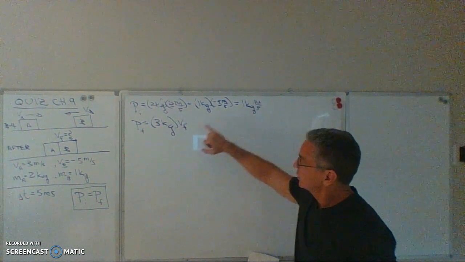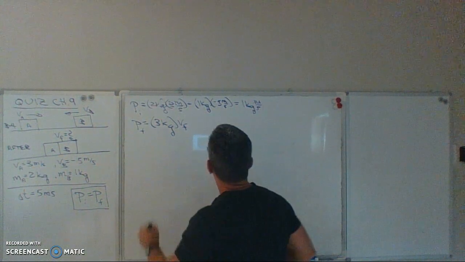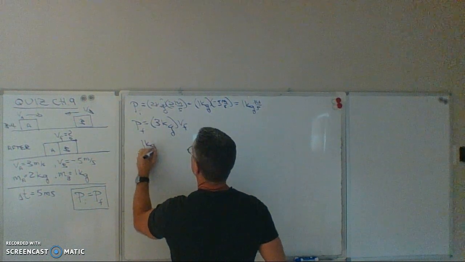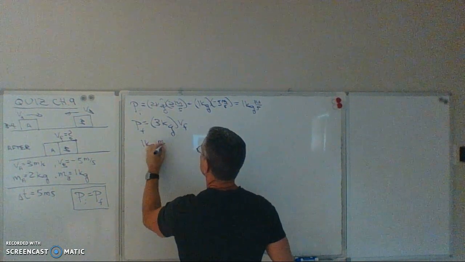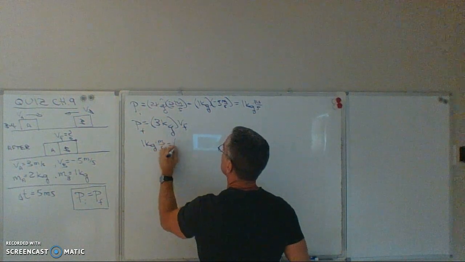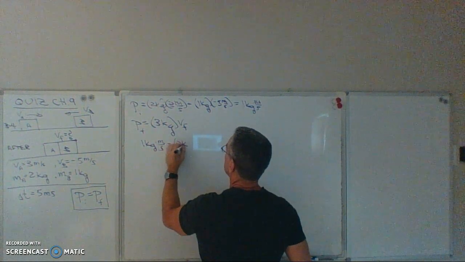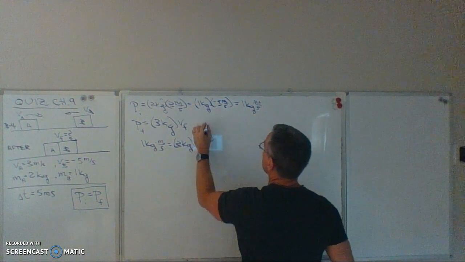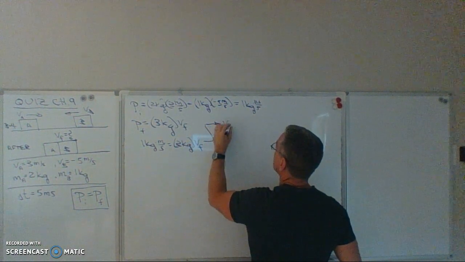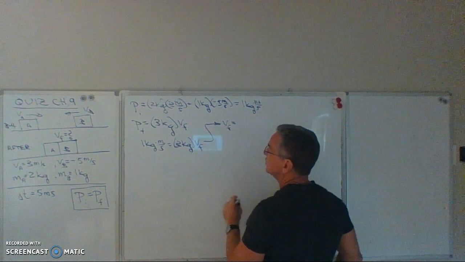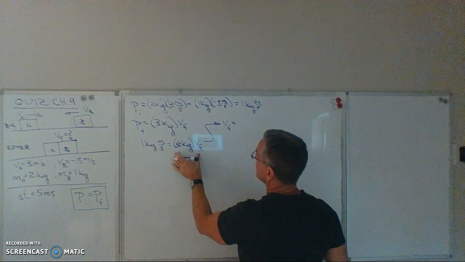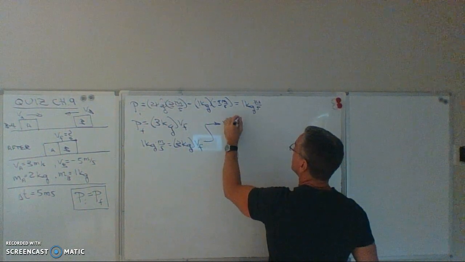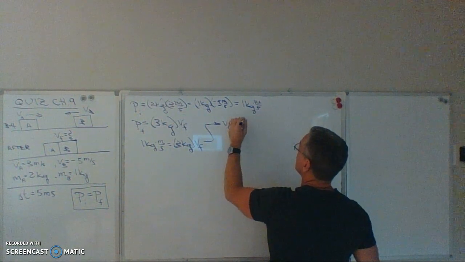We don't know what it is yet, so we need to leave it symbolic. Now if we set this equal to this, conservation of momentum, we get that 1 kilogram meter per second is equal to 3 kilograms times V final. If we divide both sides by 3 kilograms, we get V final equal to 1/3 meter per second.